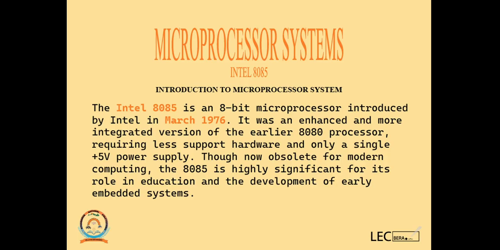It was an enhanced and more integrated version of the earlier 8080 processor, requiring less support hardware and only a single 5-volt power supply. And that's true. This microprocessor, Intel 8085, uses only a single power supply, which is 5 volts. This simplifies the design of this Intel 8085 when you want to come up with a microcomputing environment.